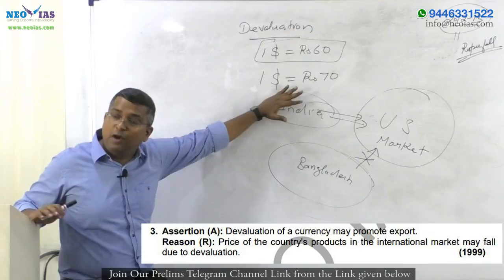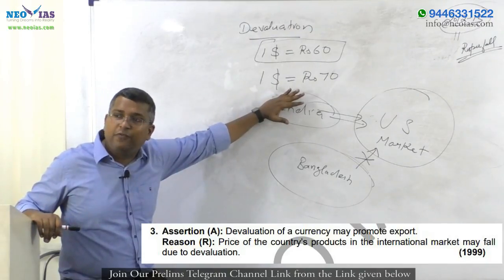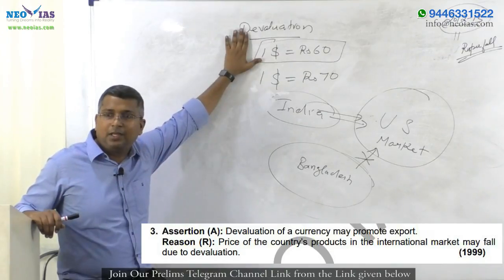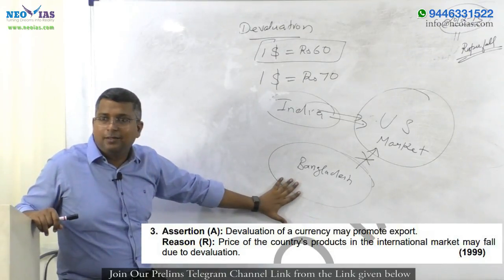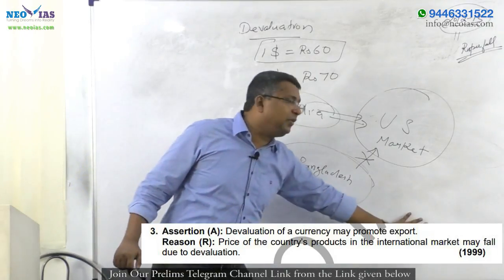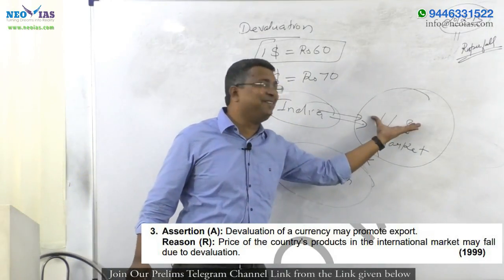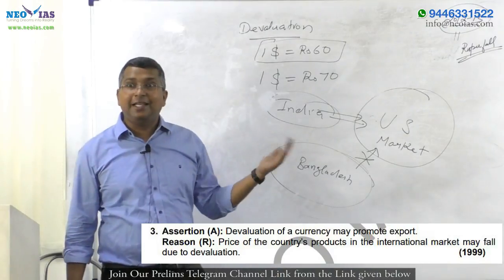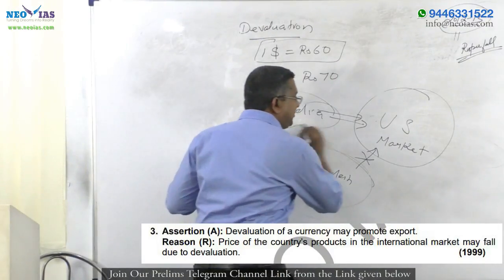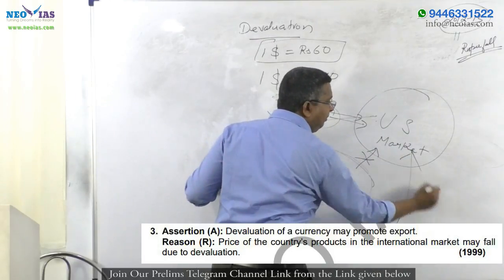And one form of war is the currency war. Currency war is mainly because of devaluation. Now what will Bangladesh do? Bangladesh will also devalue its currency. Then other countries also will devalue. Who is benefiting? A country like US is benefiting. But then what happens is that when every country devalues, all export items will be dumped into US.